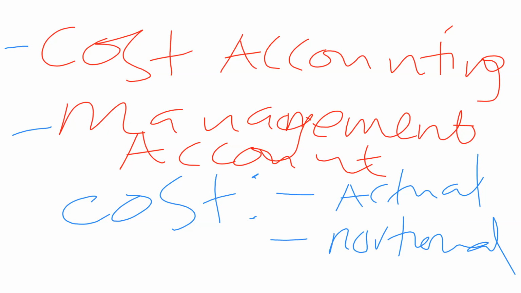So with these costs, you are factoring in the sacrifices. So when you are factoring in the sacrifices or all those costs that do not involve the movement of cash or the movement of funds out of your account or out of the pocket, then you are considering the notional costs.